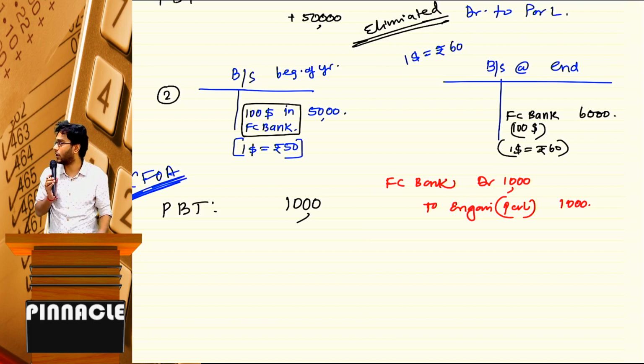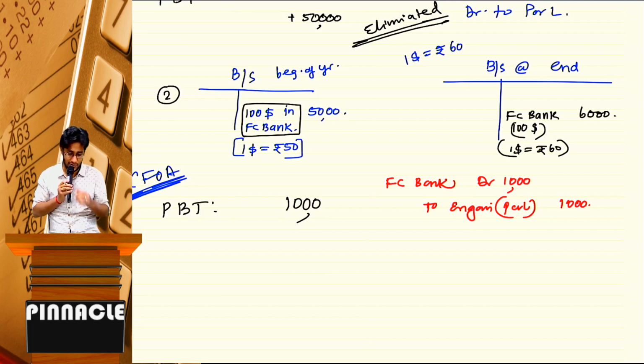You tell me what I have to do now. 1,000 is what? 1,000 is purely exchange gain. Realized or unrealized? Unrealized. When will you say it is realized, sir? Take debtors, sir. A foreign currency debtor is there. Dollar rate increased, debtor balance also increased, exchange gain came.